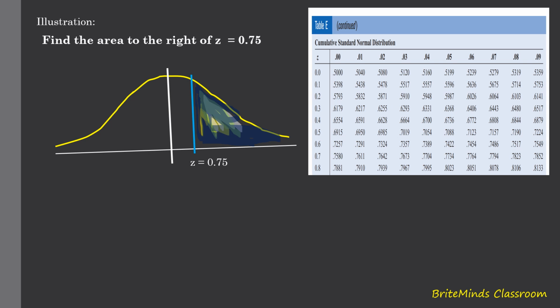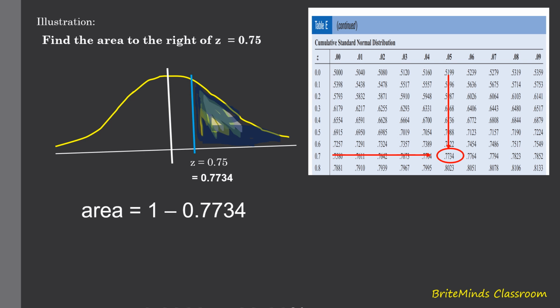Then we need to look up the z value from the table. The value of 0.75 is 0.7734, and according to the procedure table, we will subtract 0.7734 from 1.